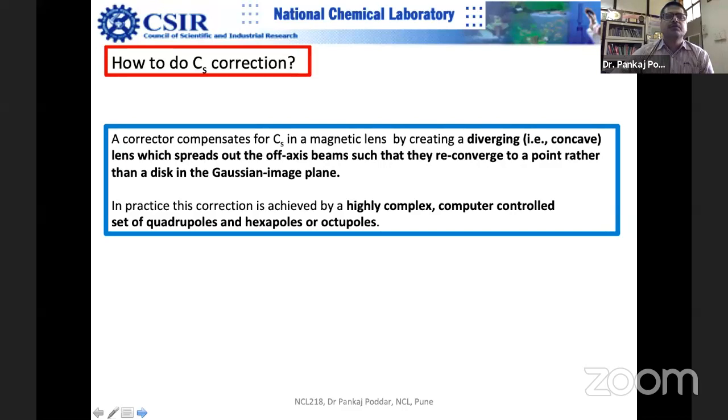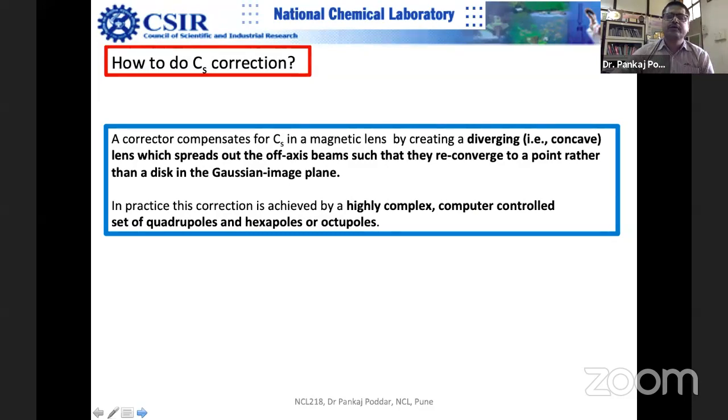This problem is quite old. It was investigated by a theoretical physicist, Otto Scherzer, a German. I'll speak about him later. He gave this lens design; basically there are corrector lenses also, which those companies put in addition.